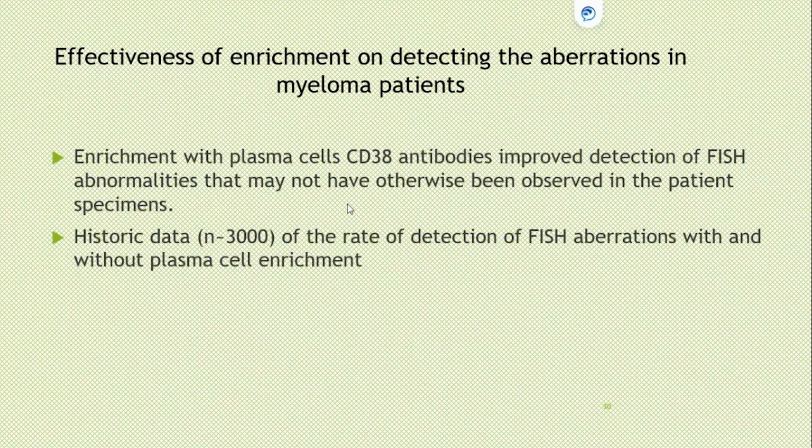Almost 3,000 patients, half of them prior to establishment of enrichment in our lab, and half after establishment of enrichment in our laboratory. And we compared what percent of the cases had abnormality by FISH without enrichment or with enrichment.